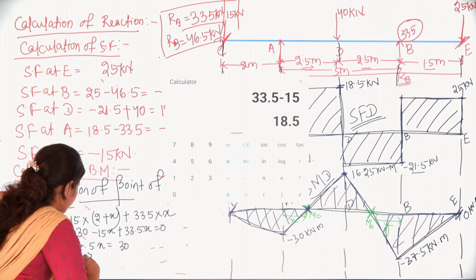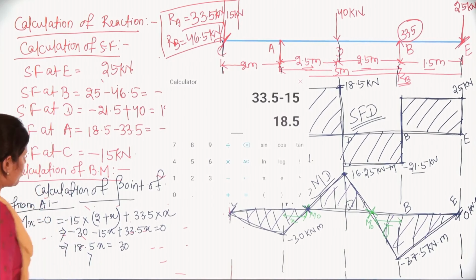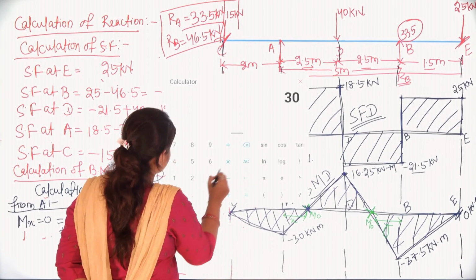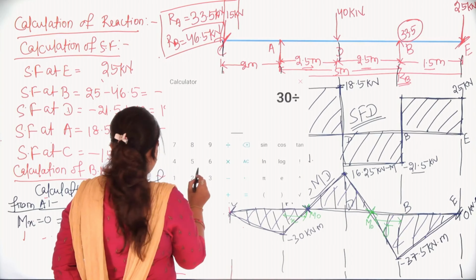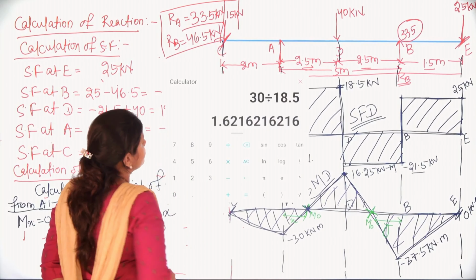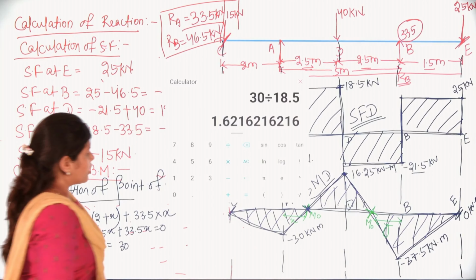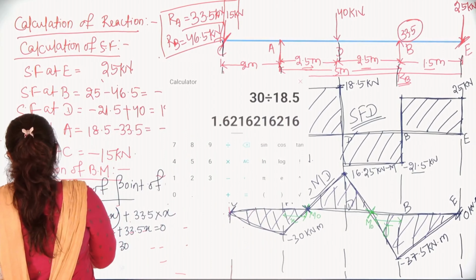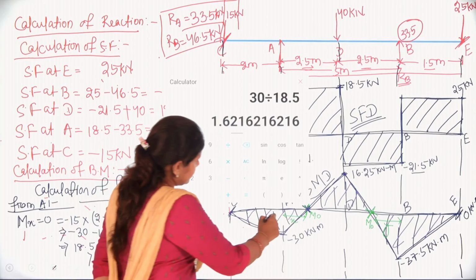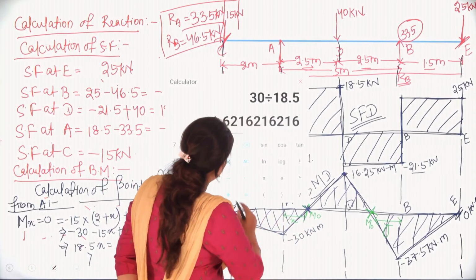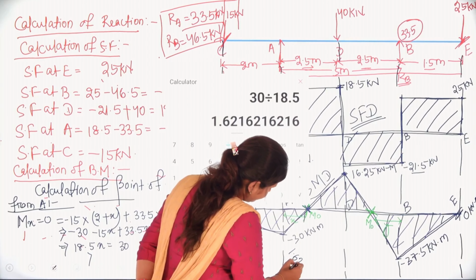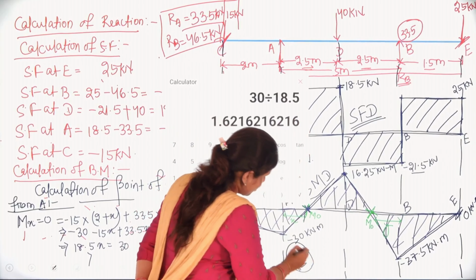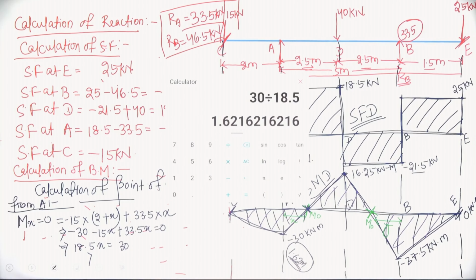So x equals 30 by 18.5, that is 1.621. So this x distance, this to this, is your 1.62 meter. Yes, we have the x distance as 1.62 meter.